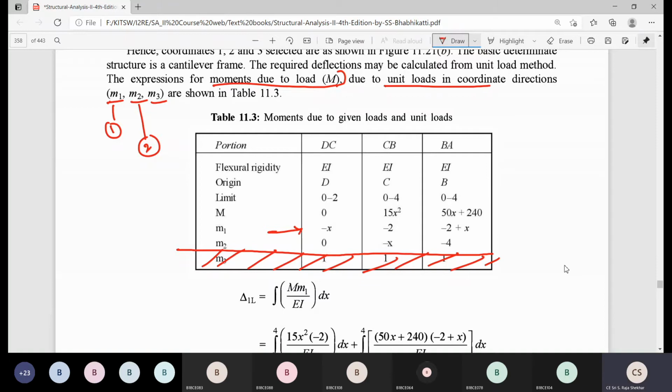I want to draw that frame, the same frame.